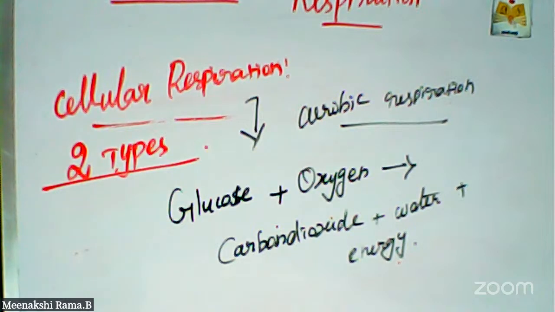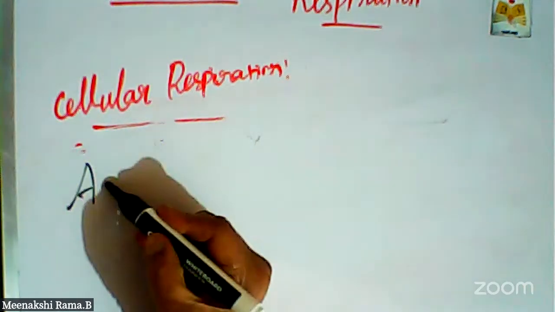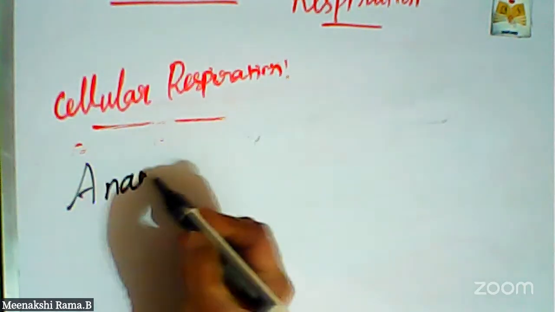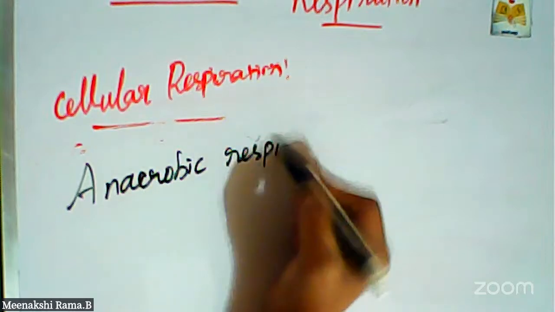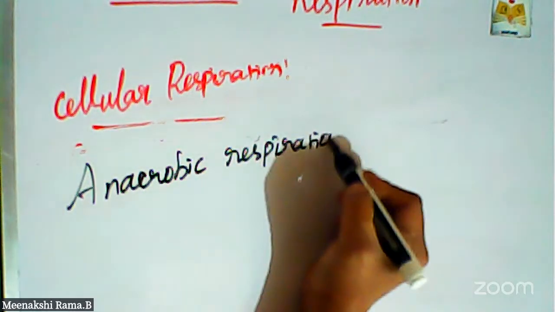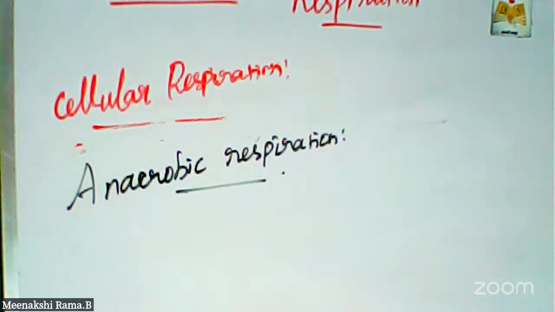Next one is anaerobic respiration. Second one is anaerobic respiration. What does anaerobic respiration mean? In this type of respiration, the oxidation of food takes place in the organism and releases the energy.